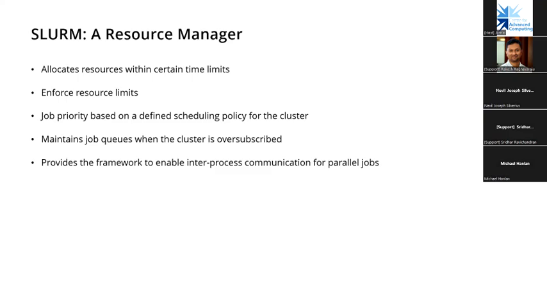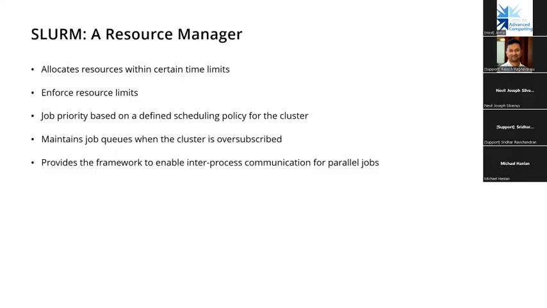The job priority is based on the defined scheduling policy for that cluster. Typically, we use something called the multi-factor plugin, and I'll come to that in a little bit, but it depends on the scheduling policy that is used for each of these clusters. SLURM also maintains the job queues when clusters are oversubscribed.